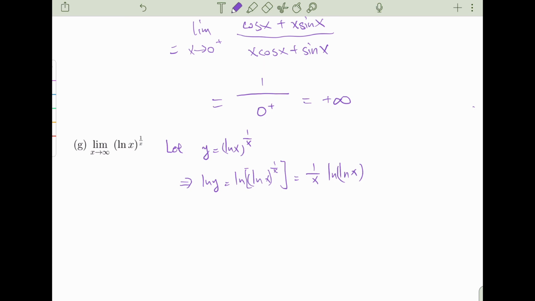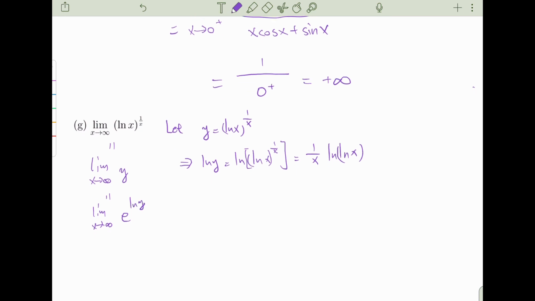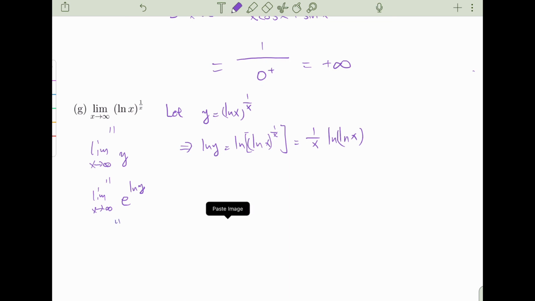Now our goal is to find limit x goes to infinity of this expression. So that is limit x goes to infinity of y, right? And this can be written as limit x goes to infinity of e to the ln y. And then we know we are also allowed to move the limit sign to the top, in the exponent.